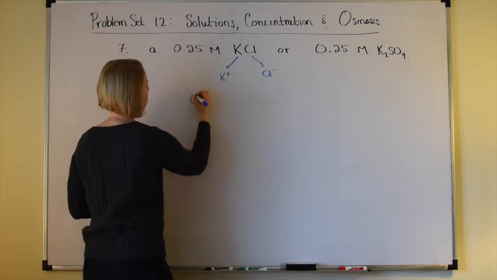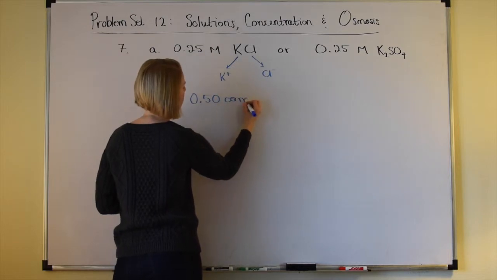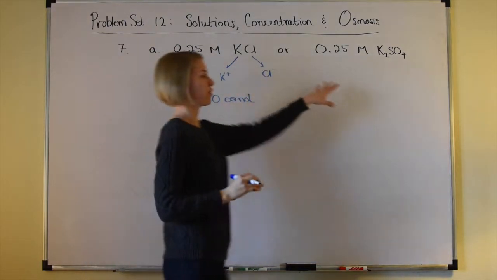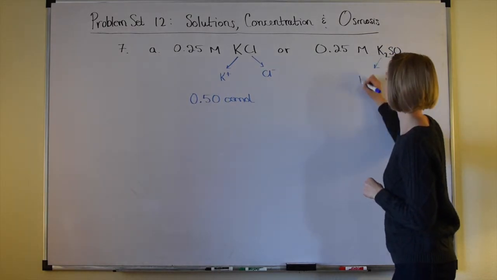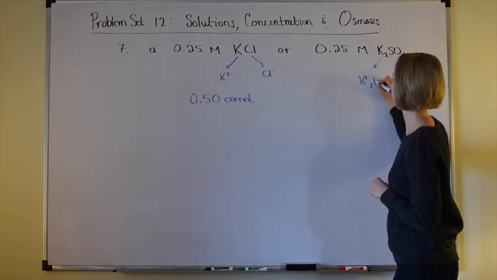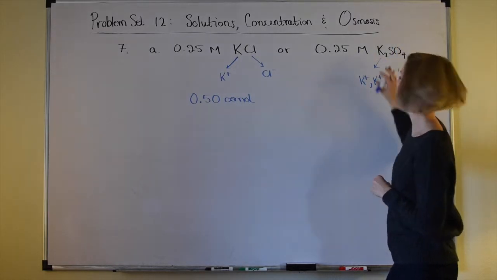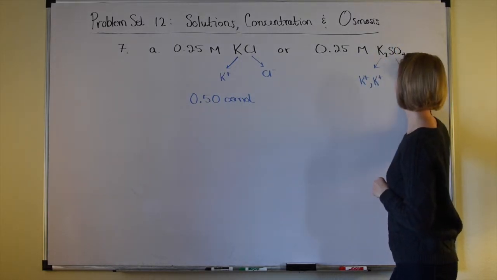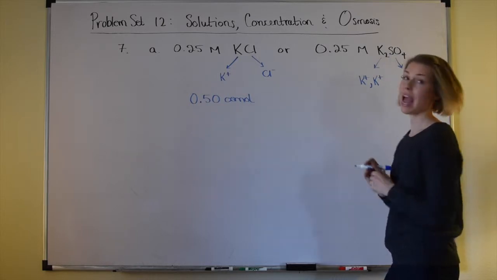So it's going to be a 0.50 osmol solution. Over here, we have 2 potassium cations in 1 mole of potassium sulfate, 2 moles of potassium cations, and 1 mole of sulfate anions.